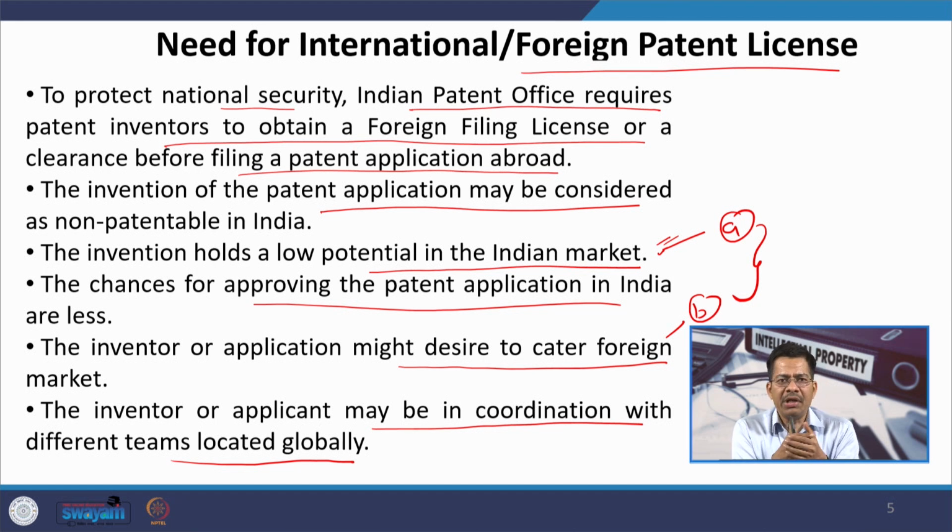Now, the condition of this project was that whatever IP is generated will be protected only in the US Patent Office, and therefore we had to obtain FFL, because our collaborator was in the USA. Not only a collaborator, they were also the sponsors of that research.